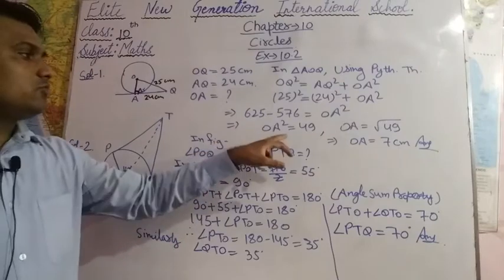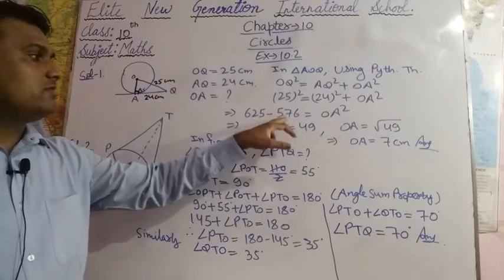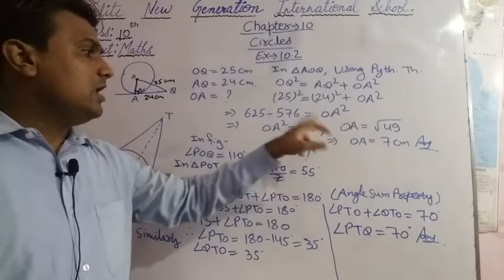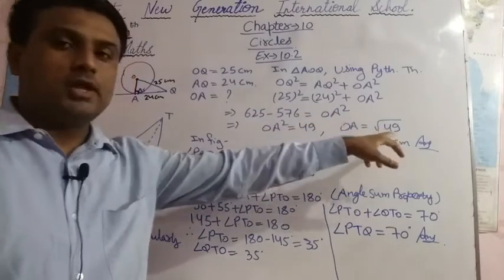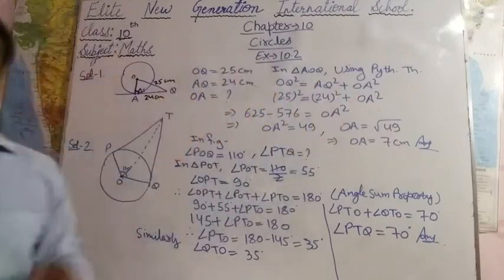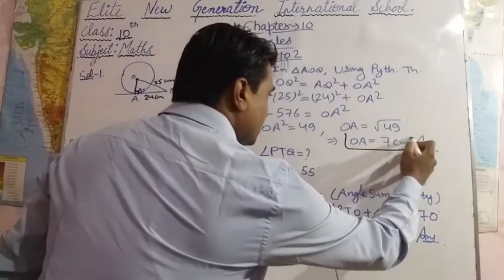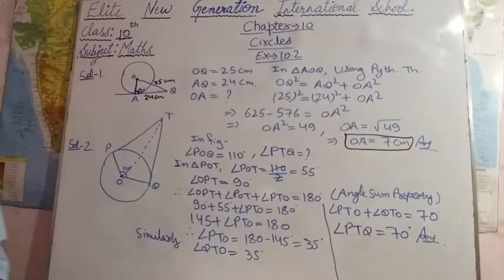So OA square equals 625 minus 576, which is 49. OA is the square root of 49, so OA is 7 centimeter. In this way the answer is that the radius is 7 centimeter.